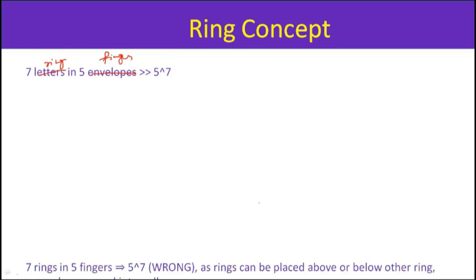But then if the question is asked that in how many ways can you put 5 rings in 3 fingers? 5 rings, 3 fingers. Rings are different. Fingers are different. How many ways do you do it?